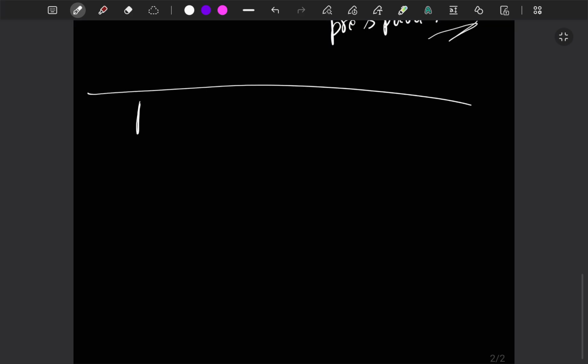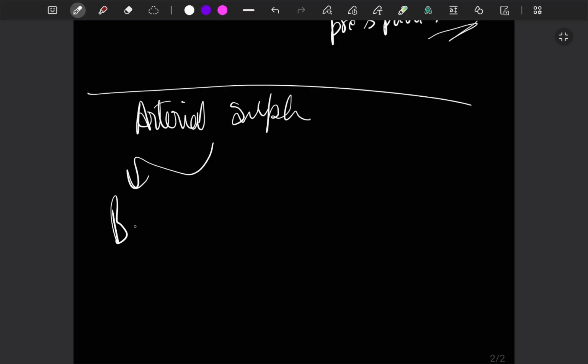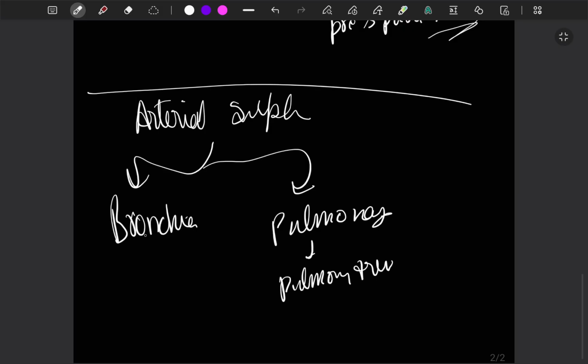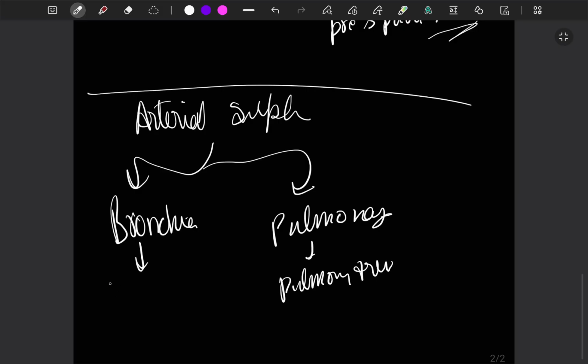Now let's talk about the arterial supply of the lungs. The arterial supply comes from two arteries, bronchial and pulmonary. Pulmonary is from the pulmonary trunk, whereas for the bronchial arteries, there is one on the right and two on the left.